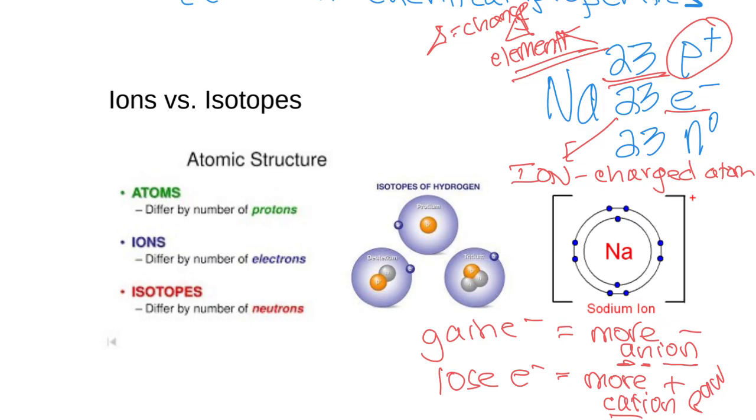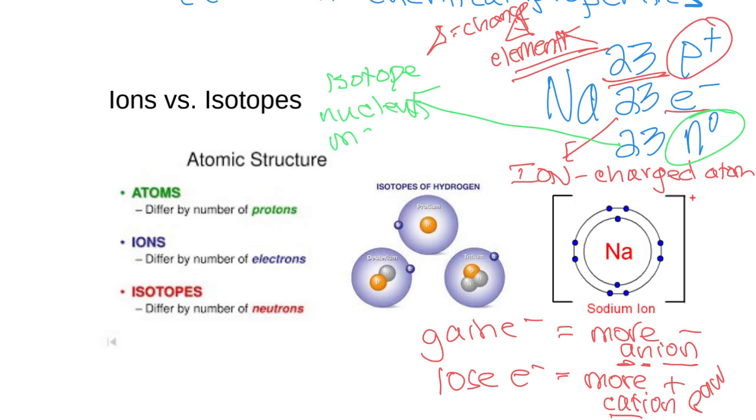So what happens if I change the number of neutrons? If I change the number of neutrons, I create something called an isotope. It is still the same element, just like with ions, because we have not changed the number of protons. But understand that neutrons are found in the nucleus, right?